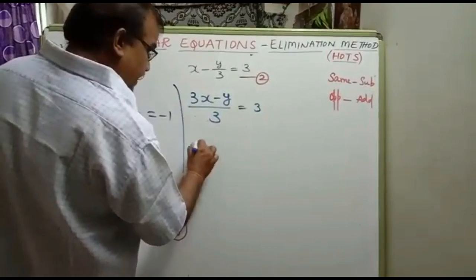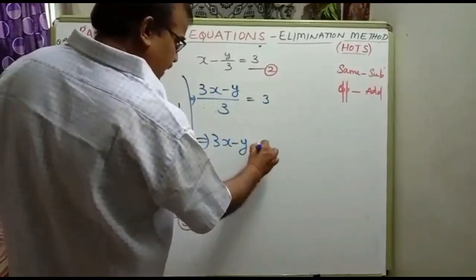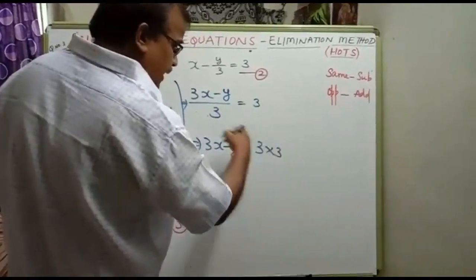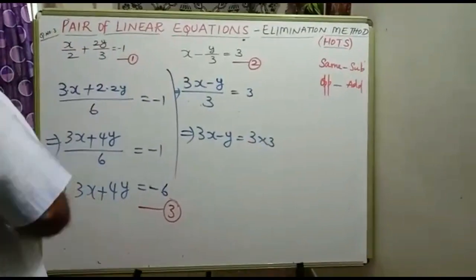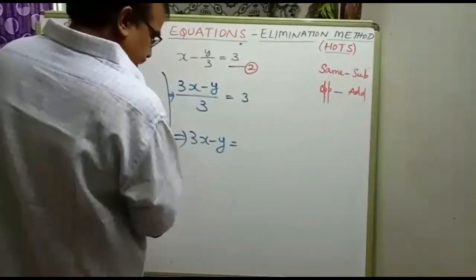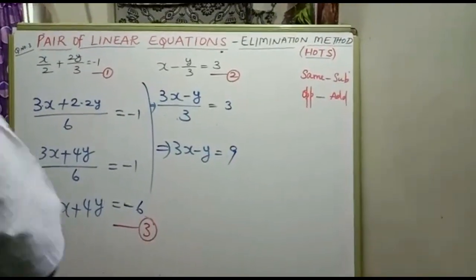So this implies 3x minus y is equal to 3 by 3, transposing from LHS to RHS, it will be into 3. By 3 into 3, this will be 9. So this is equation 4.